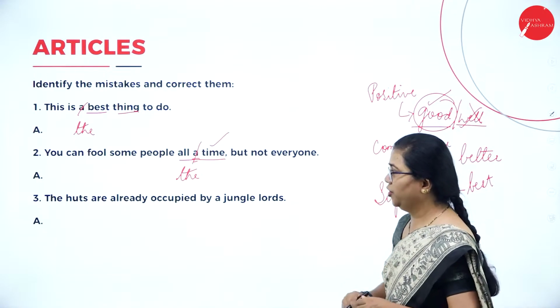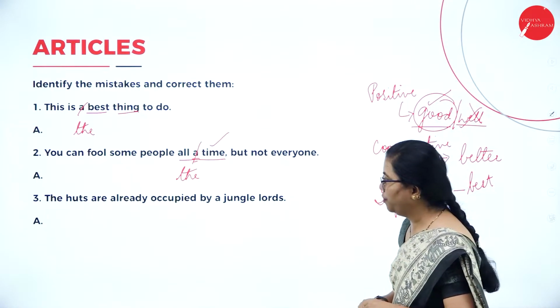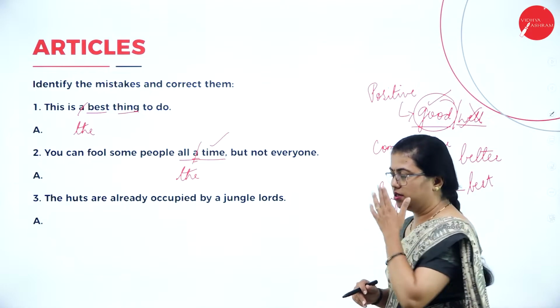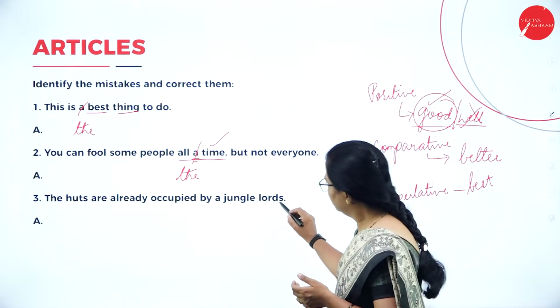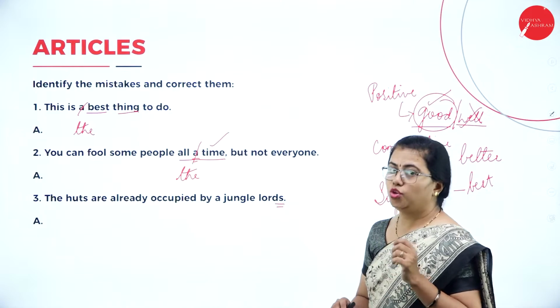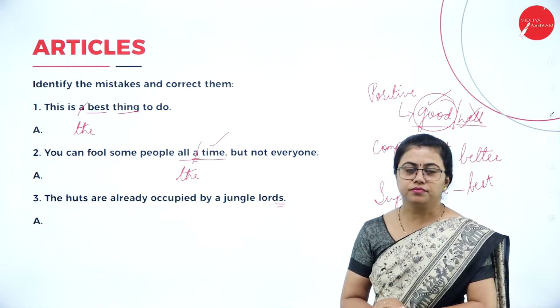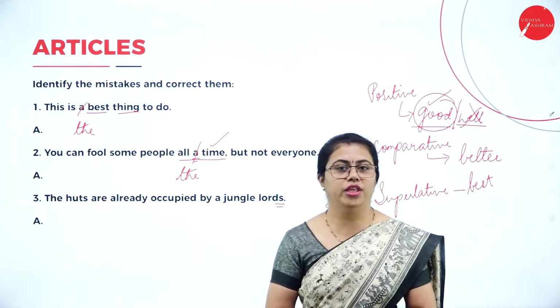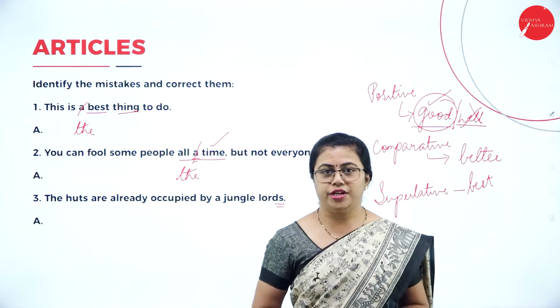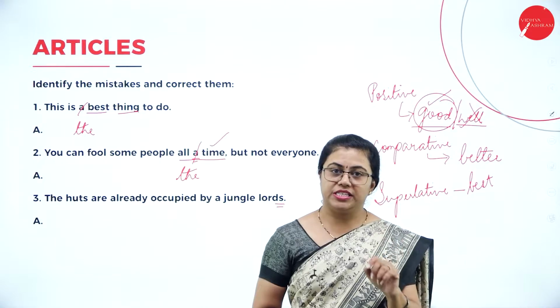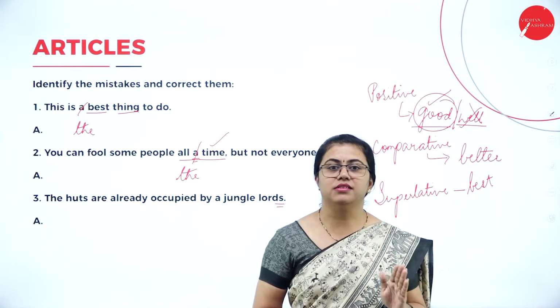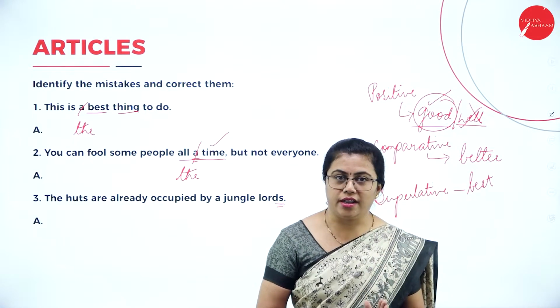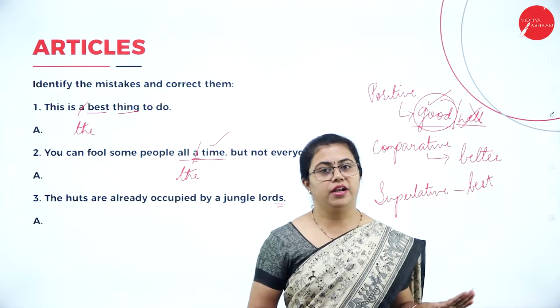Fine. Going to the next one. The huts are already occupied by a jungle lords. As I told you, whenever it is plural, you don't use any article. Whenever you are using a plural noun, you don't use any article for that matter. Only in specific, rare cases do you make use of definite articles, but not at all indefinite articles.